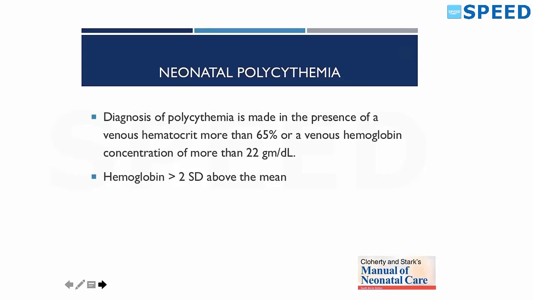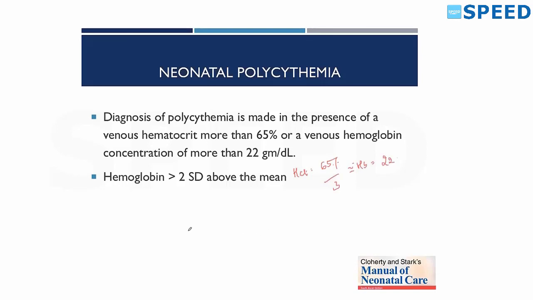Now, they'll ask you if the hemoglobin is 22, what is the likely hematocrit value? So, that is one sort of question. Or if the hematocrit value is 65%, what is the value of hemoglobin? Let us assume the hematocrit is 65% as in this case. If I divide it by 3, I get a rough value of hemoglobin as 22.